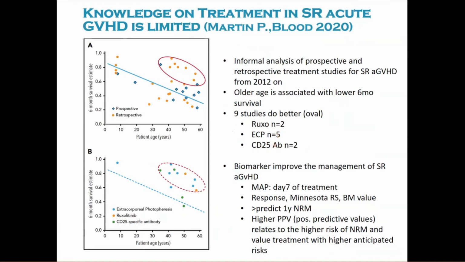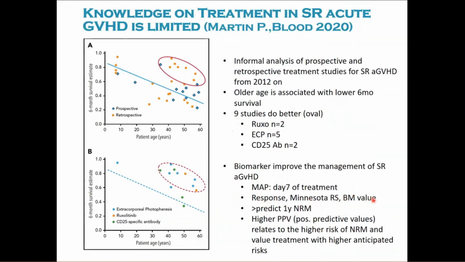Paul Martin clearly stated that biomarkers improve the management of steroid refractory acute GVHD, using the MAGIC algorithm probability at day 7 of treatment, which combines criteria of response with criteria of the Minnesota risk score in combination with a biomarker value.